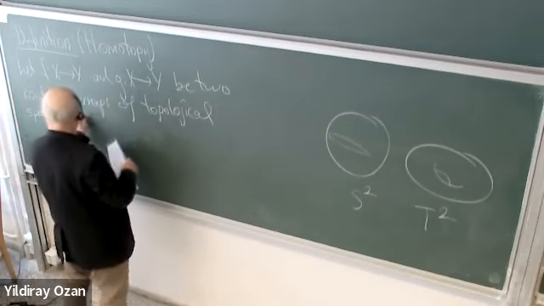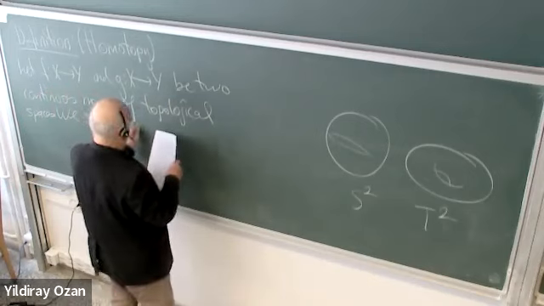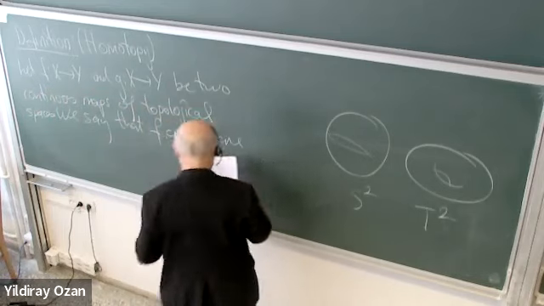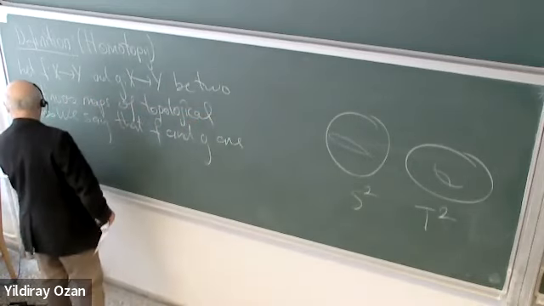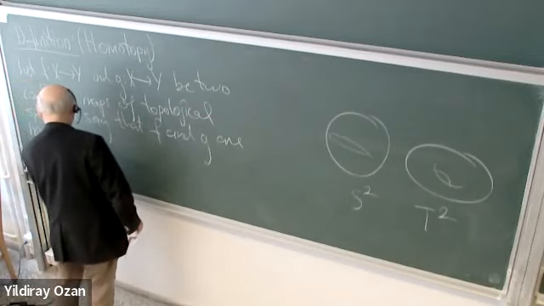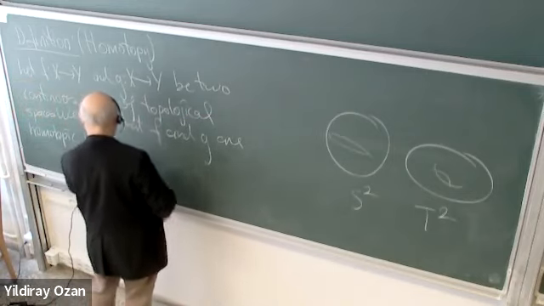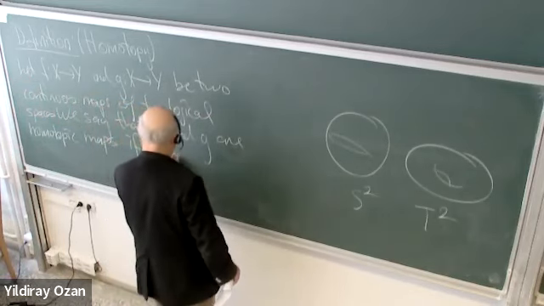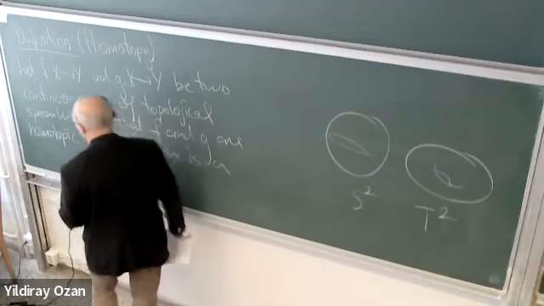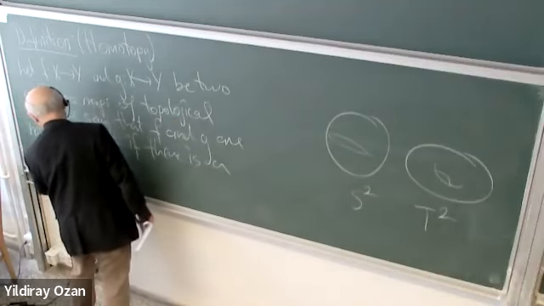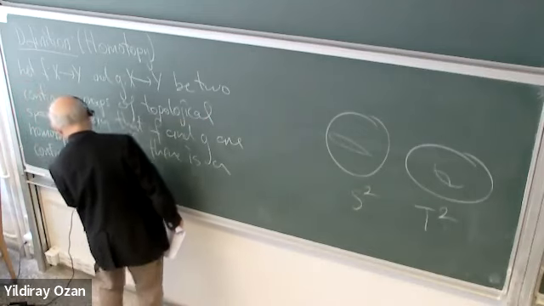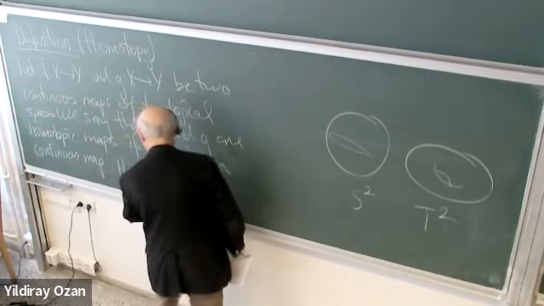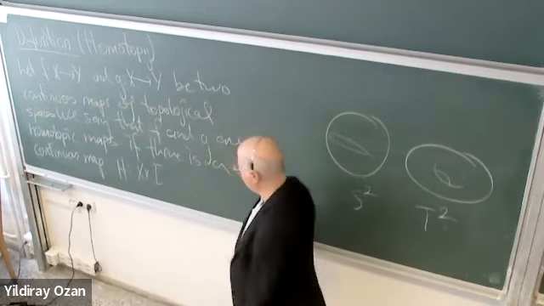We say that f and g are homotopic maps if there is a continuous map H defined on X cross I, on the product topology.